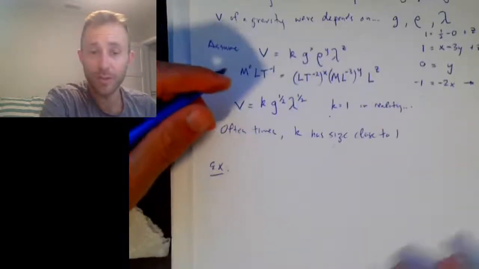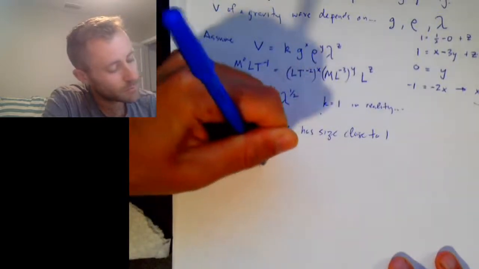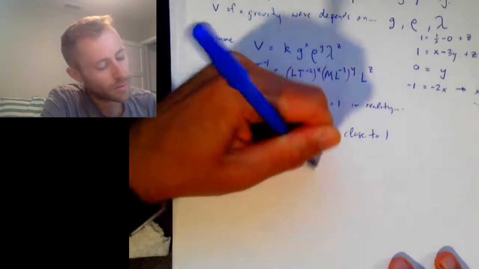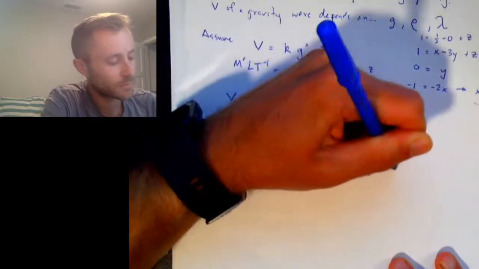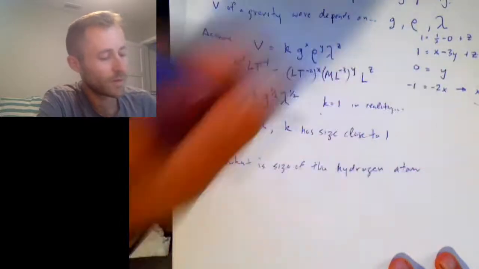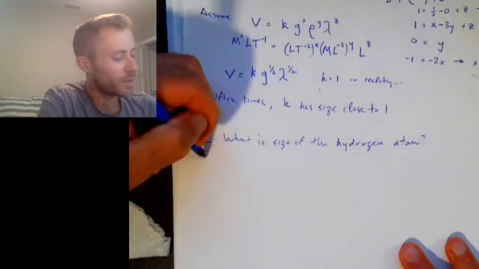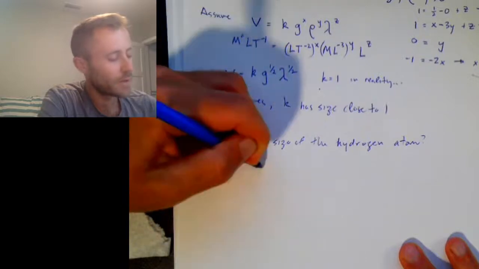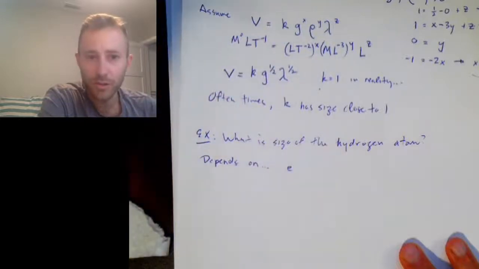And this has to do with what is the size of an atom. And in particular, what is the size of the hydrogen atom? Okay. Now, it depends on the electric charge.